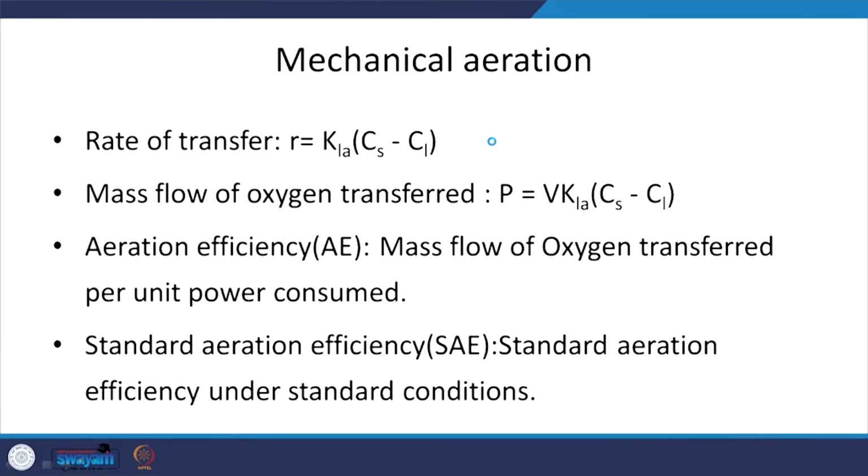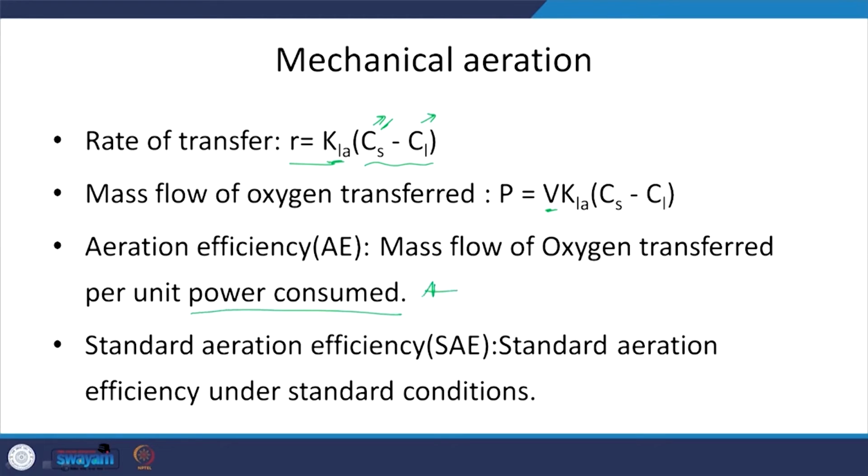Mechanical aeration. As I mentioned, the rate of transfer depends upon the coefficient and the difference between the concentration at equilibrium, which is typically the constant, and the concentration in the liquid. So, mass flow, I will have to multiply that by volume. And here we have other terms: aeration efficiency, the mass flow of oxygen transferred per unit power consumed.